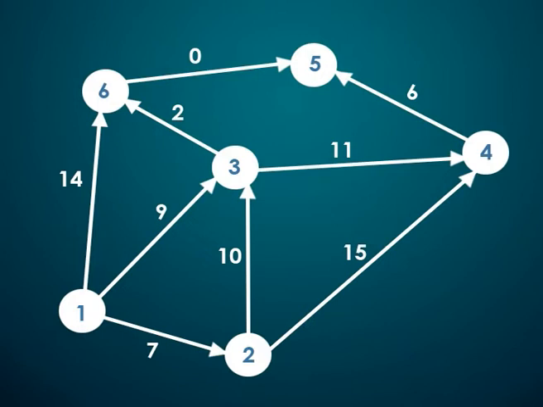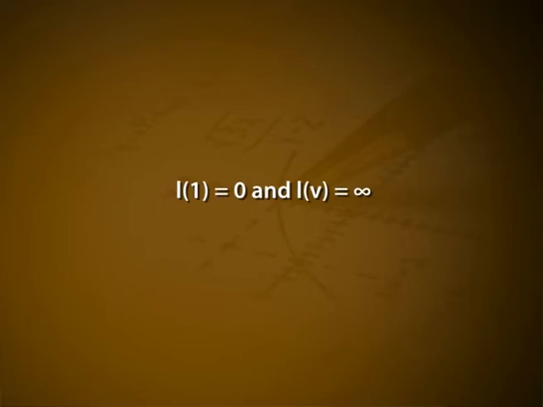Example. Let us find the shortest path from the vertex labeled 1 to the vertex labeled 5 in the given directed graph. When we follow the steps of the algorithm, as the first step, we fix L(1) = 0 and L(V) = infinity for all other vertices of the graph. The vertices to which we can reach from 1 are 2, 3 and 6.